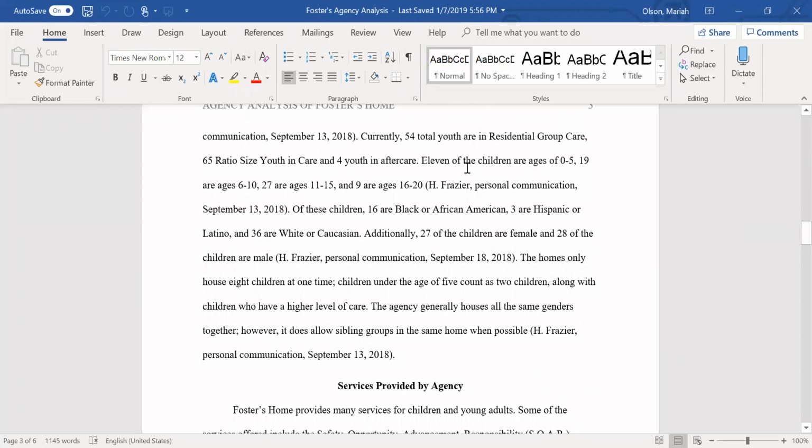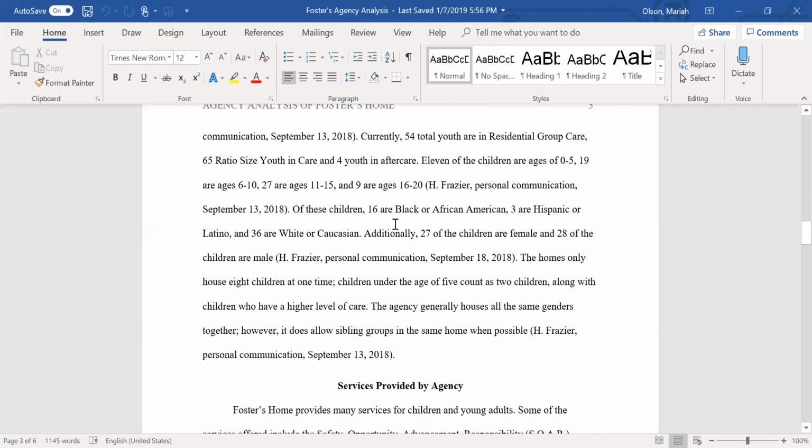And then down here would be demographics. Make sure, if able, to do the race, gender, and age breakdown of the agency. Here we have age beginning: 11 of the children are ages 0 to 5, 6 to 10, 11 to 15, 16 to 20. With ages, make sure you go in number order, so start at the lowest age and go all the way up to the biggest age.